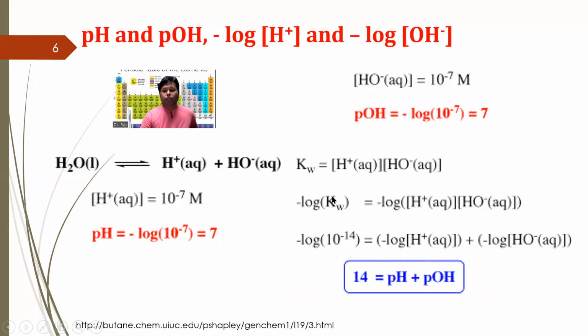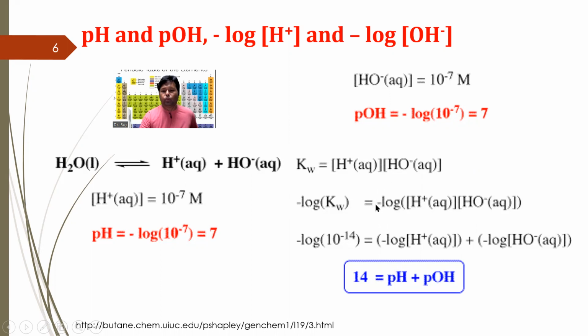Now if we write minus log Kw, previously we found Kw equals 1.0 times 10 to the power minus 14. So this is the equation. If we take minus log for both sides, minus log Kw equals minus log of H plus aqueous multiplied by OH minus aqueous.